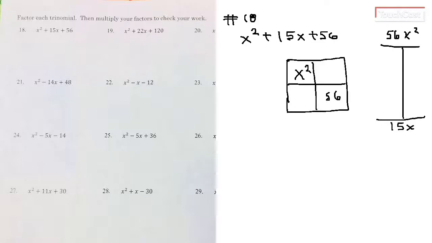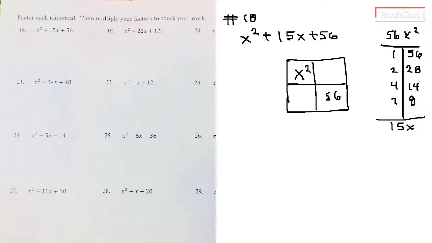So I need to think of all of my factors of 56. I have 1 and 56, 2 and 28, 4 and 14, and then 7 and 8.